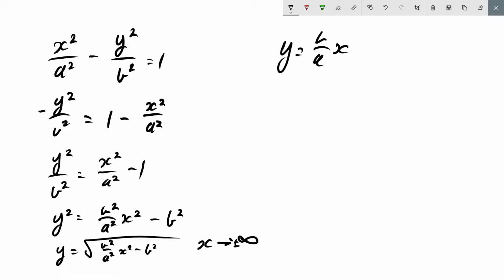Because b squared is just a constant, and x is going to be something absolutely massive, we can drop the minus b squared, because it will make no difference when we square root it. So then we're left with this, and of course plus or minus because it's a square root. And this is our asymptotes.